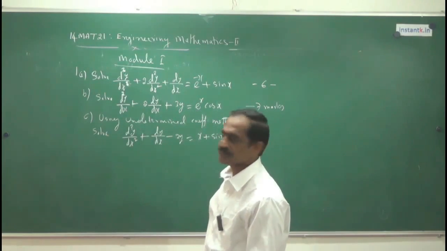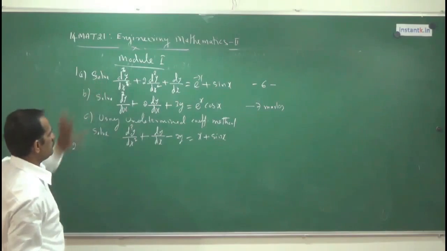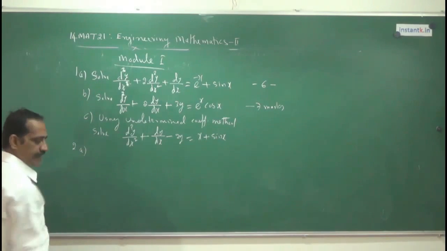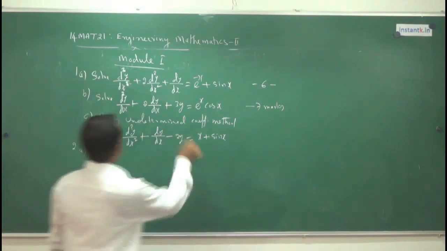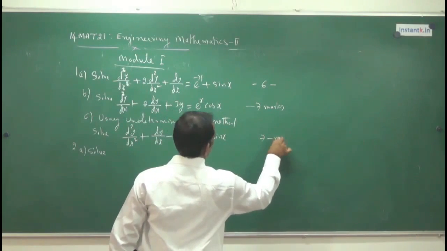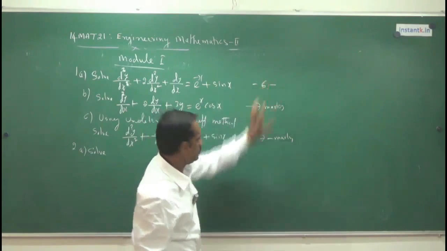It is one question. Another question they ask, you have to answer any one full question, either this first full question or the second. This question is asked for 7 marks. In total it is for 20 marks, 7 plus 7 plus 6, 20.